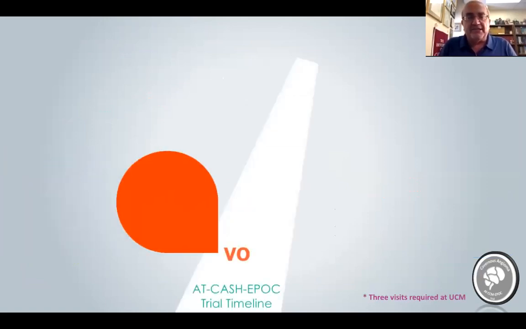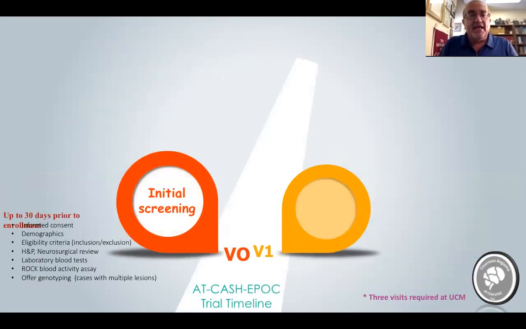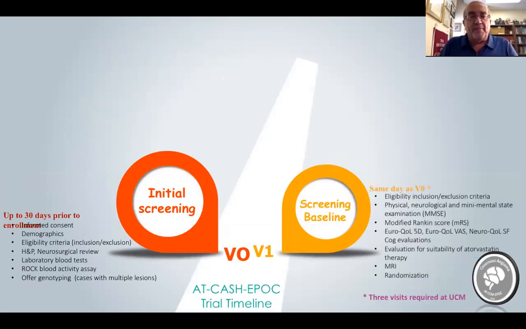So this is a very good slide that lays it all out. What's going to happen to you? So initially, you will get a phone call from our team, or you can work with our team by email for initial screening, during which we will understand whether you're eligible for this trial before you schlep all the way to Chicago. Unless you already are here and you want to come and see me and talk about it, you can do that too.